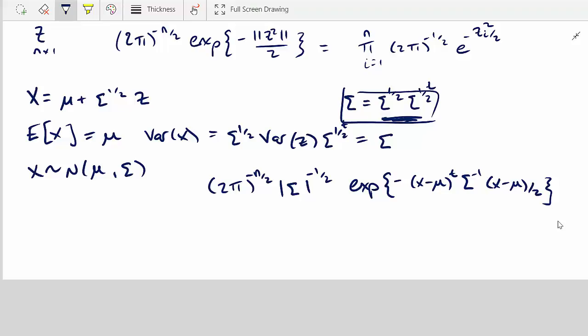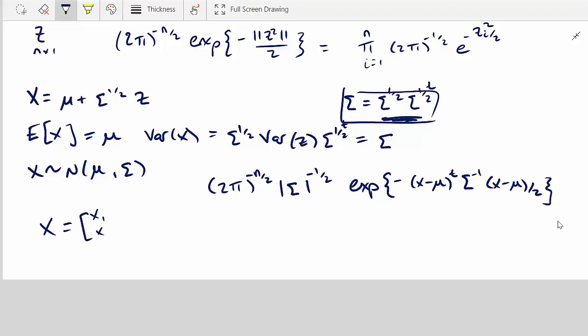The multivariate normal distribution has many convenient properties. First of all, any subvector of X also follows a multivariate normal distribution with, of course, the relevant mean and variance.